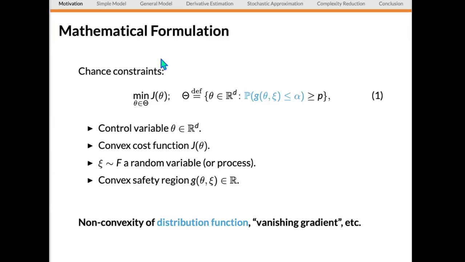Probabilities are between 0 and 1. When we're working with computer algorithms, it's very possible that they go beyond the boundaries, so I have to truncate them. And the moment you truncate, you start getting very unstable behavior. So there are many problems with the probability constraint formulation.